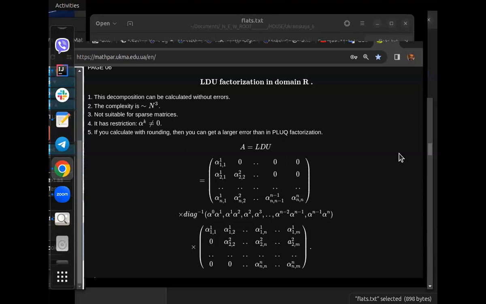And what about errors? If you calculate with rounding, then you can get a larger error than in PLUQ factorization, because you must take absolutely exactly the same element that you take on the main diagonal.